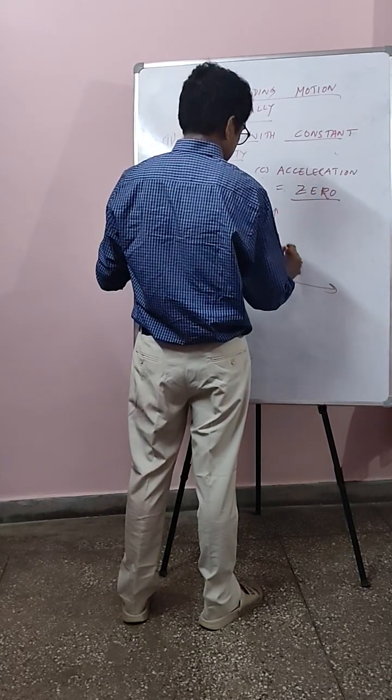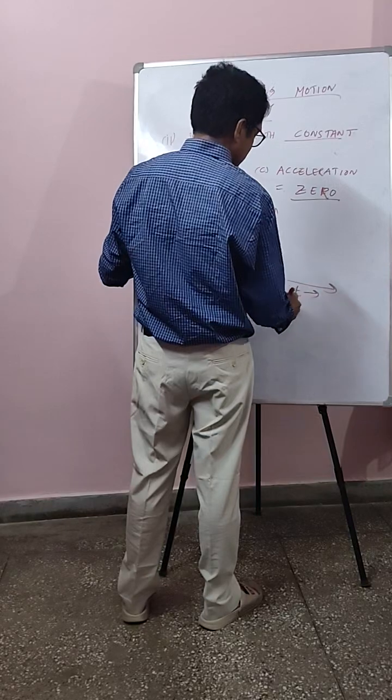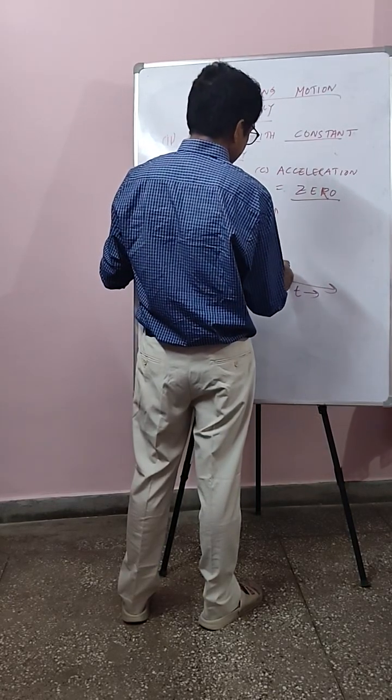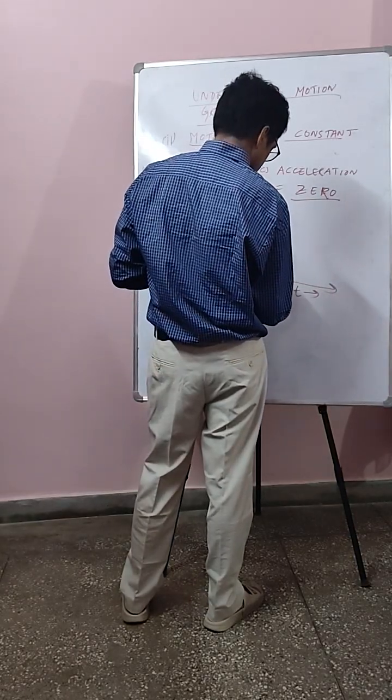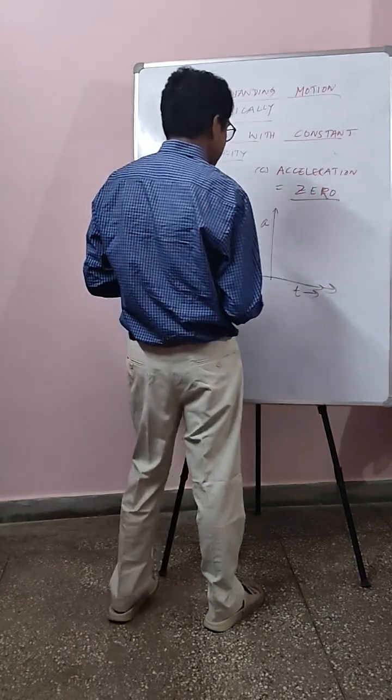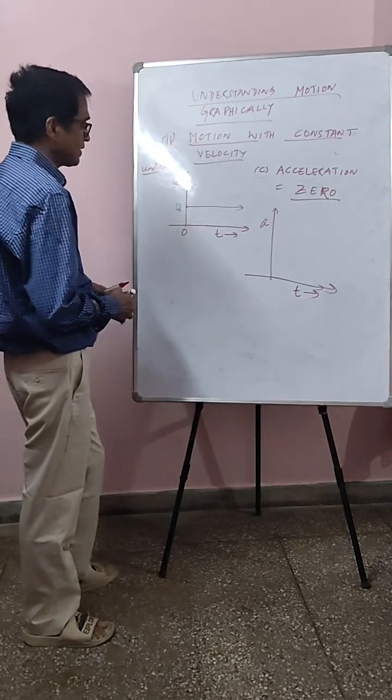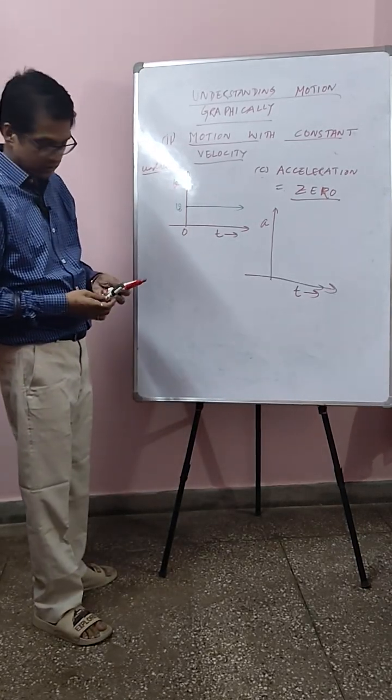This is a, this is t, and acceleration is 0. So this is the graphical representation. Acceleration is 0.